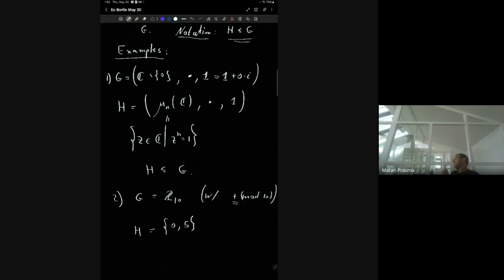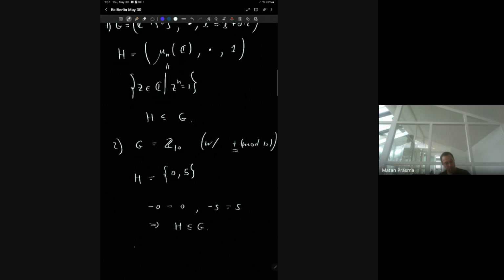Because the inverse needs to be inverse with respect to the operation. So the inverse of 0 is 0, the inverse of 5 is 5, and it follows that H is a subgroup of G.